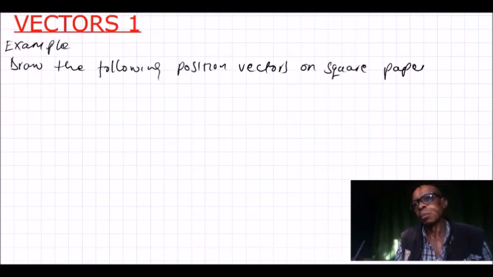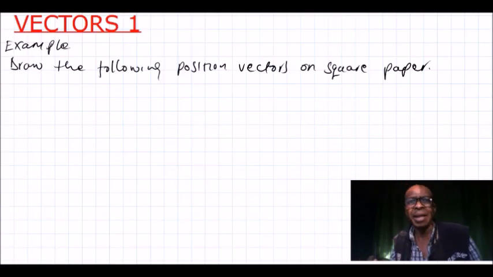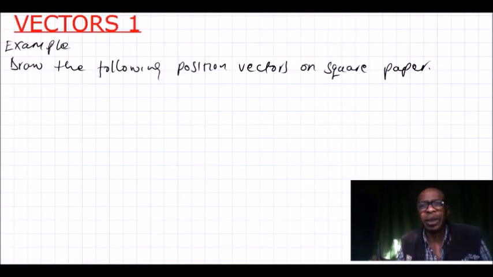So if you have a graph, you can use a graph, but because it's just a simple description of the vectors, I'll just use a grid.